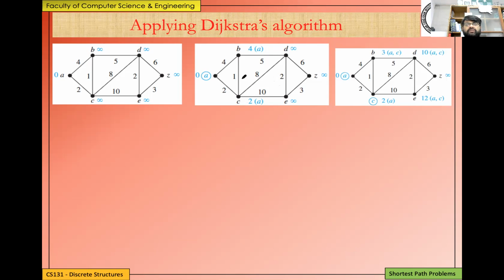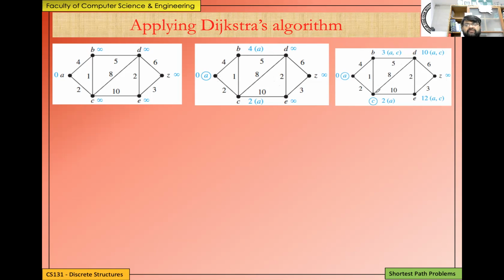In the next step, we note that from C, which is the next shortest one, we can actually reach B by traversing 3 lengths. Since this 3 is smaller than 4, this 4 is going to be replaced by 3AC.